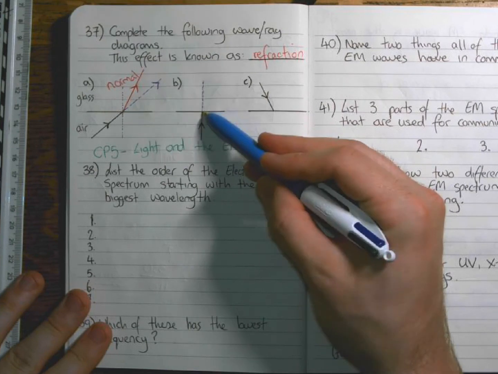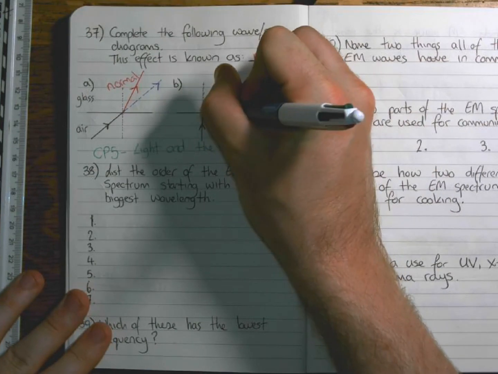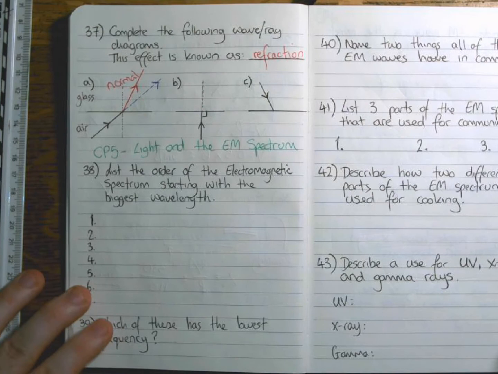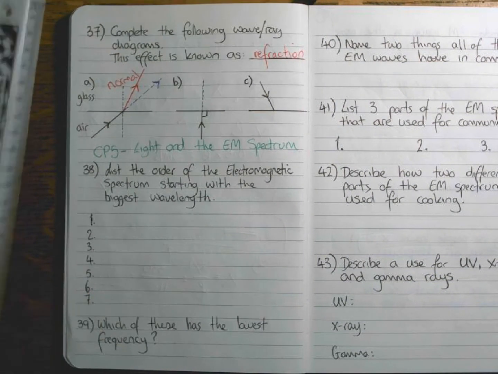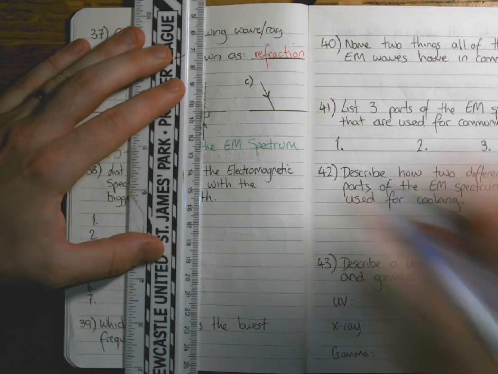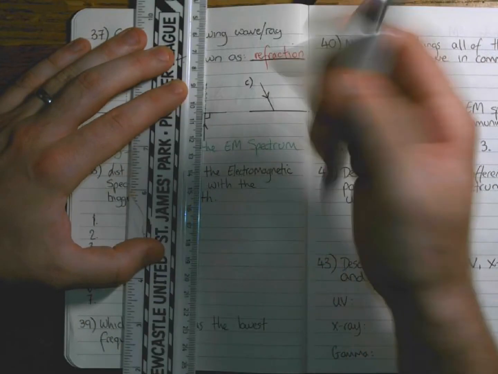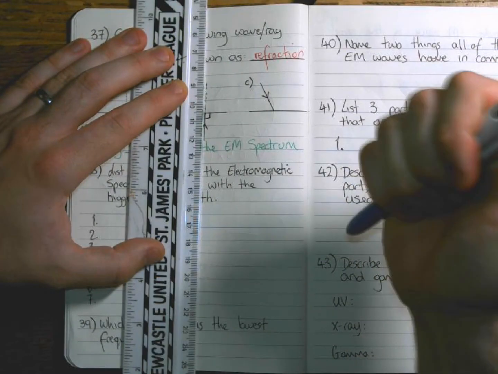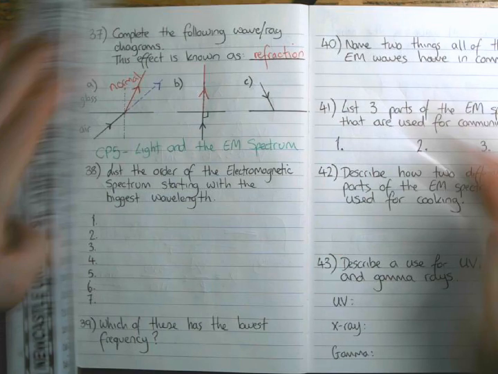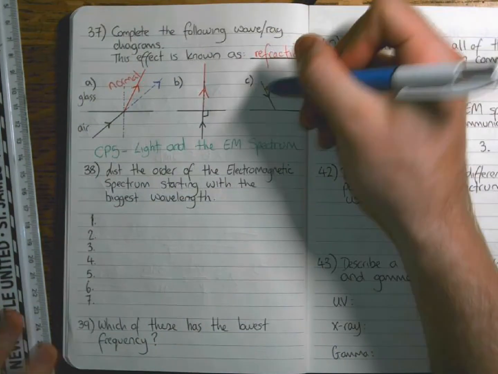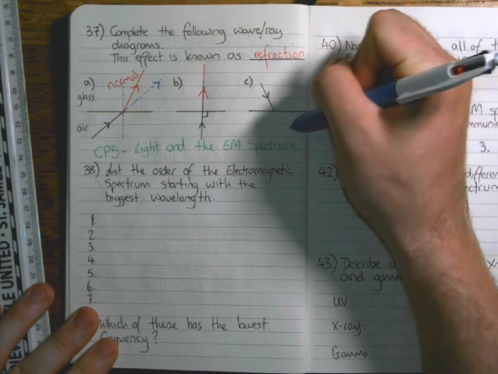This time, because the light ray is coming in at right angles to the glass, then it can't bend towards or away from the normal, because it is actually travelling along the normal. In this scenario, the answer is that the wave will actually just carry on in a straight line, like that.